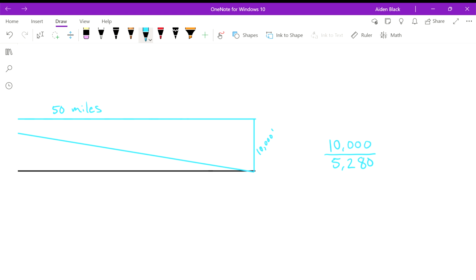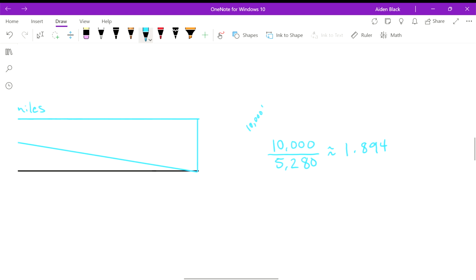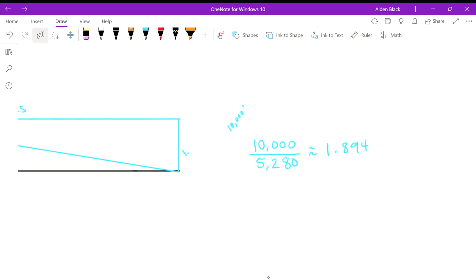Now if we take 10,000 divided by 5280, we get approximately 1.894. So I'm going to put this aside and say 1.894 miles.